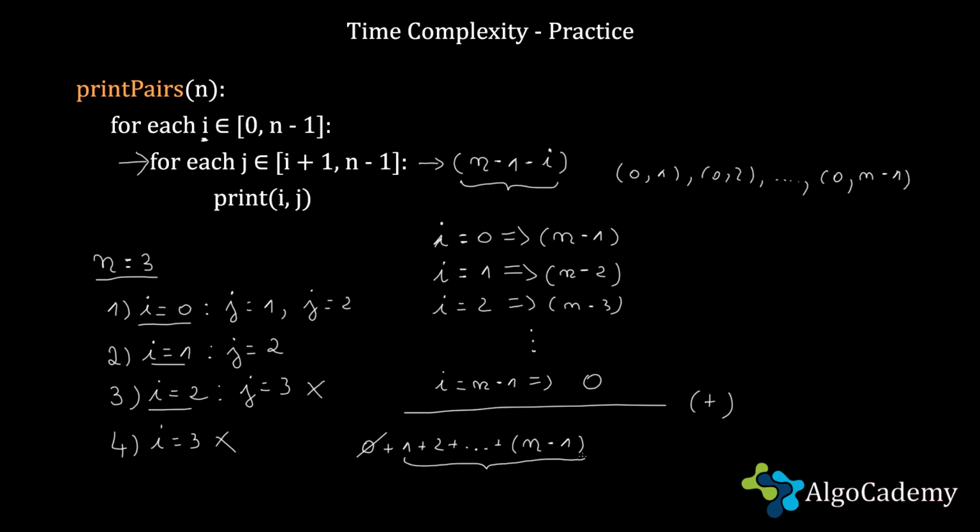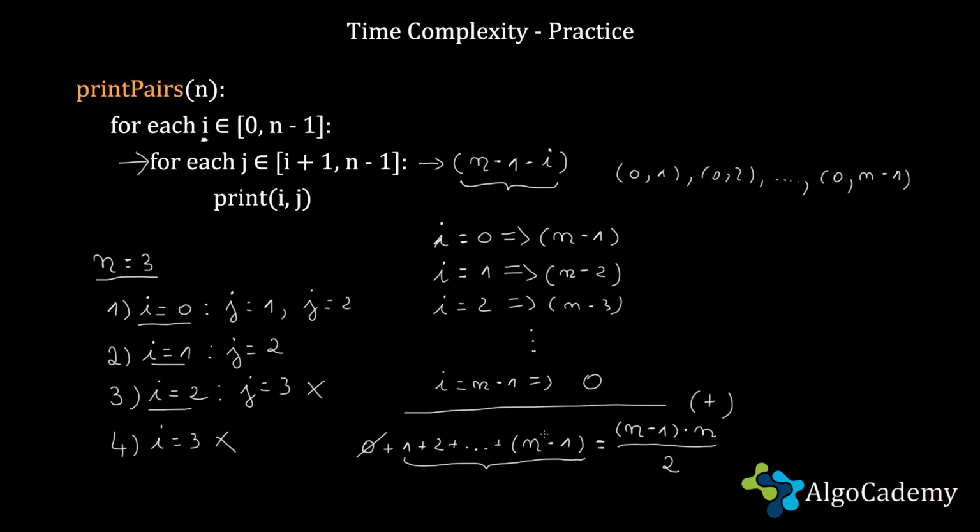Now, this sum, you might know from math, is called the Gauss sum. If you don't know, don't worry about it, just Google the Gauss sum. And the formula for this, which is actually pretty simple to prove, we're going to do that probably in another video, is the last number, which is n minus 1, times the next number, n, all divided by 2.